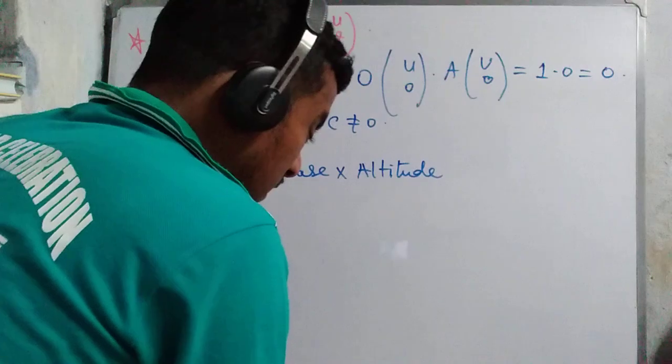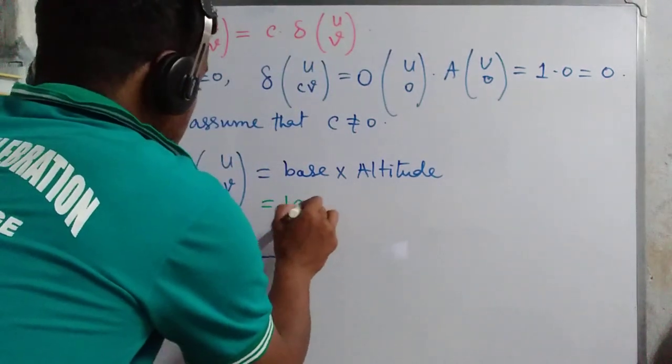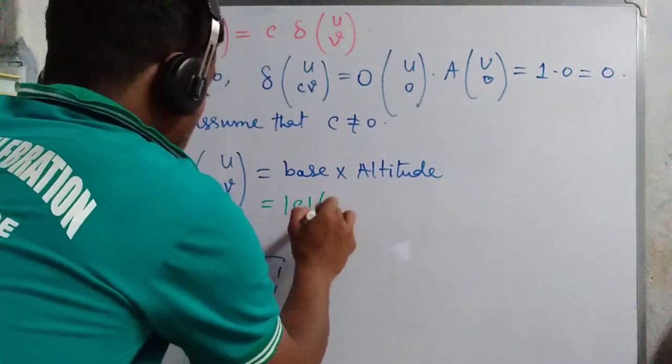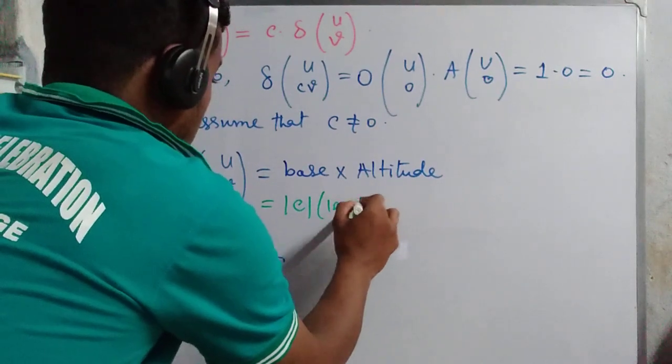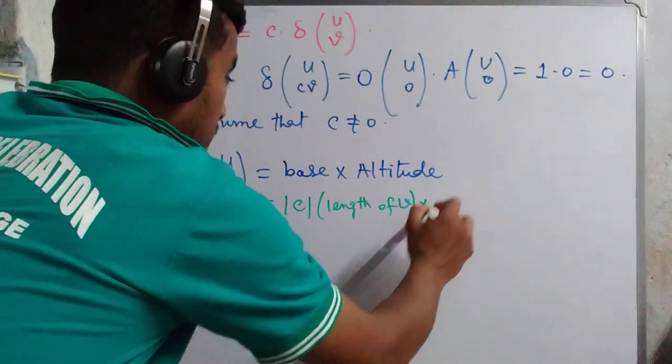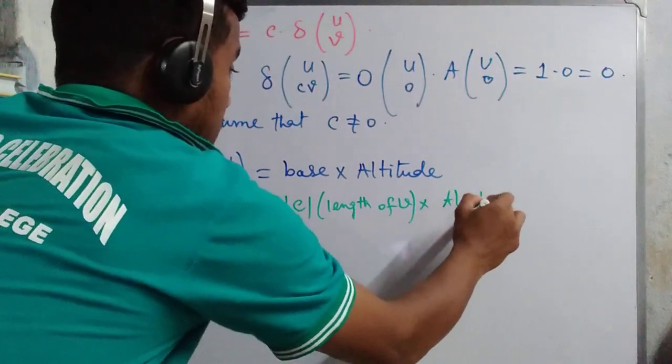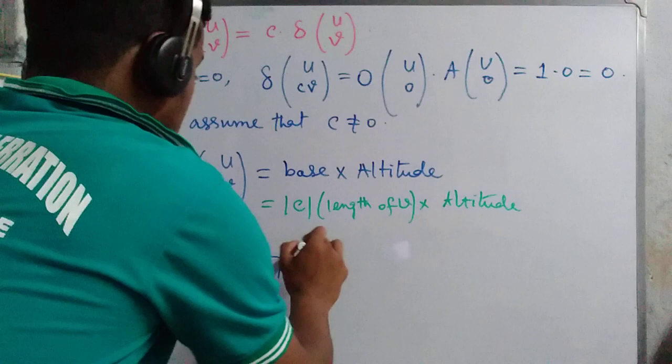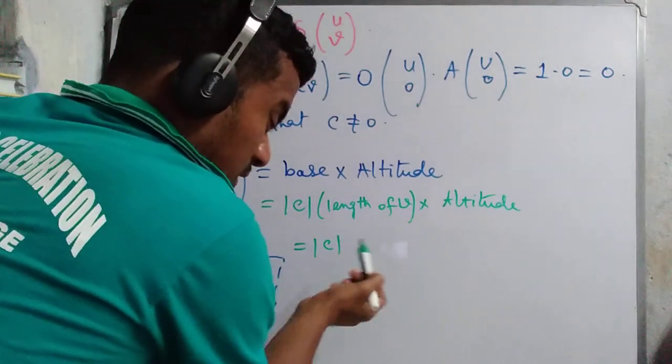So the base equal to modulus C times the length of V, multiplied by the altitude.